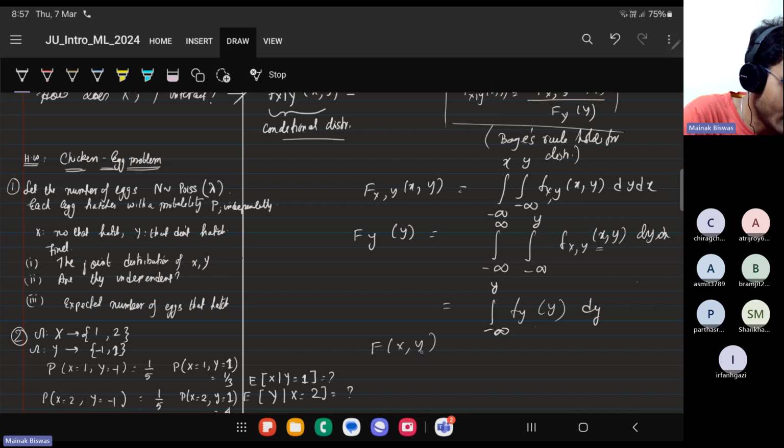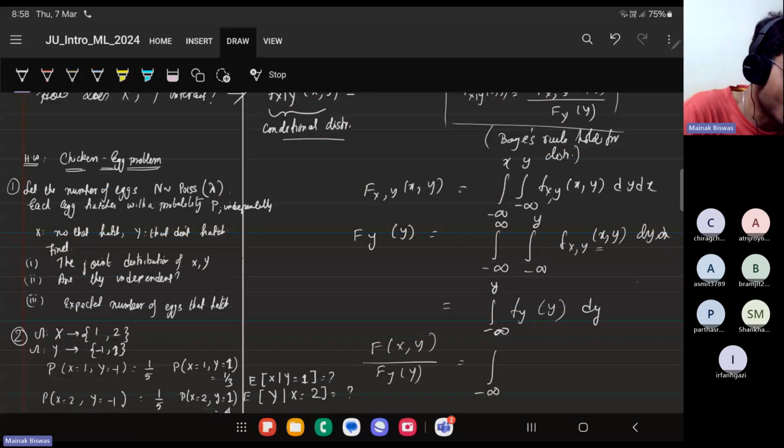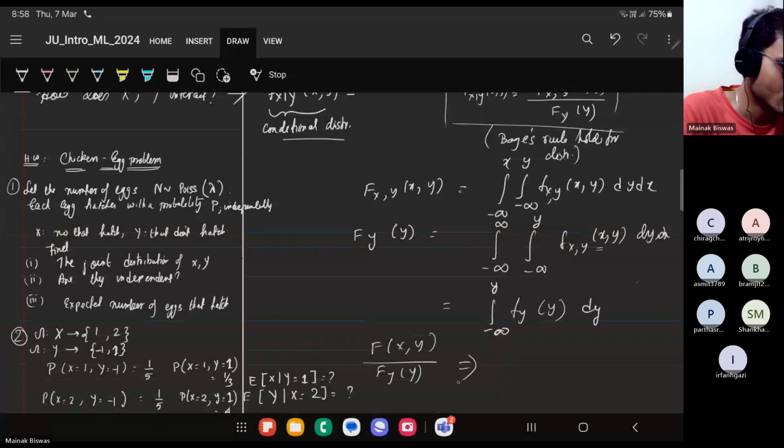Essentially, this f of x comma y over f of y can be thought of as a fraction of integrals, from minus infinity to x that you have on the numerator. What will that convert to? Can you see the similarity between these two?